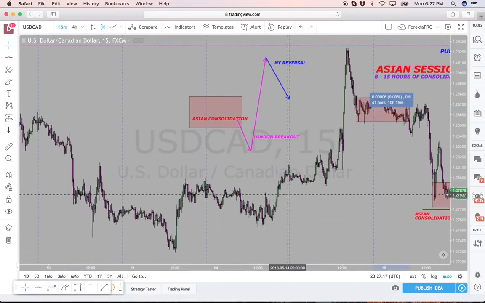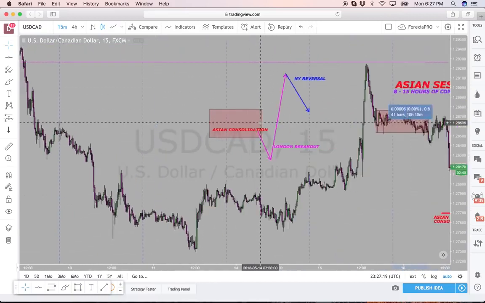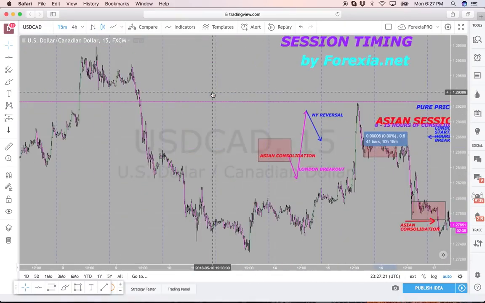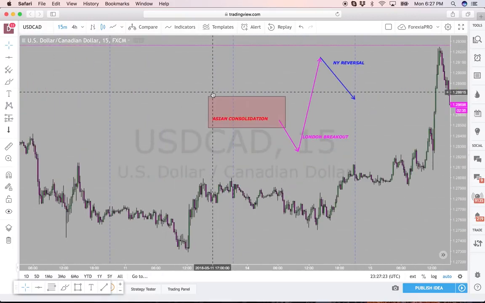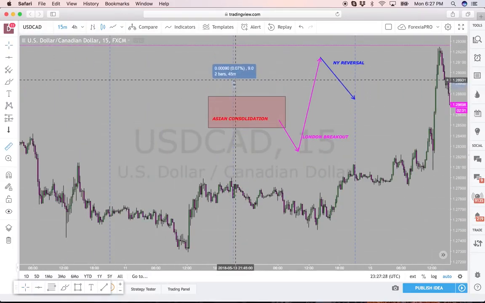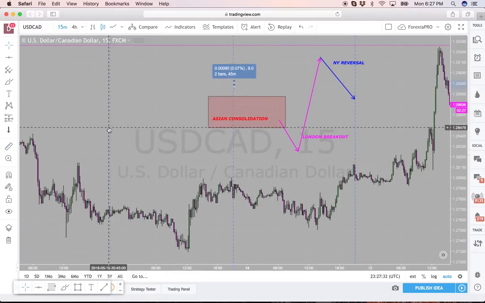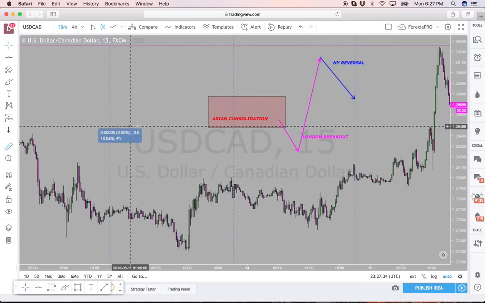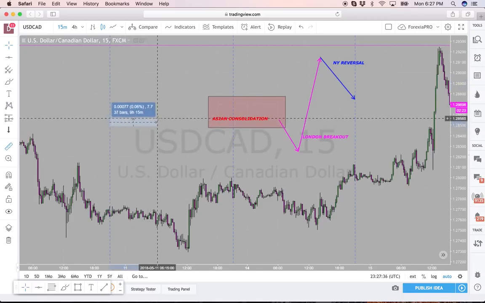So this little box that we're drawing here to mark out Asian session each day, you're going to draw it from this line, from the blue session marker, 10 hours, right here. That's 10 hours.